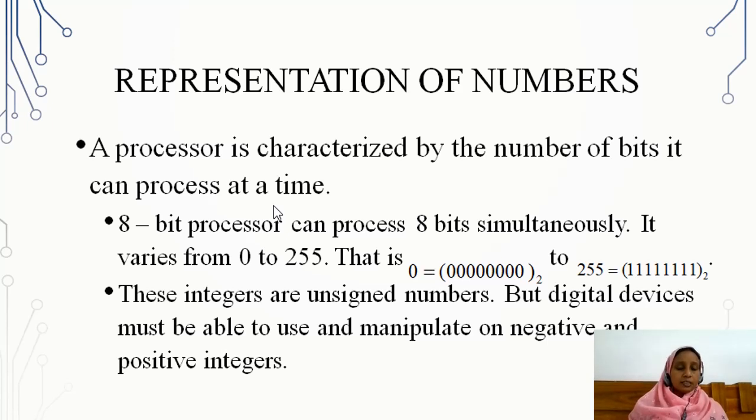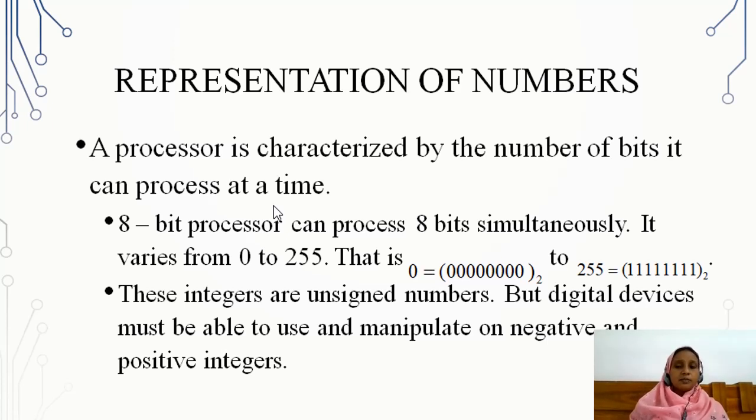So we call it an 8-bit microprocessor, 16-bit microprocessor or 32-bit microprocessor, etc. Suppose our processor has a capacity of 8 bits. That means it can simultaneously operate using 8-bit data.